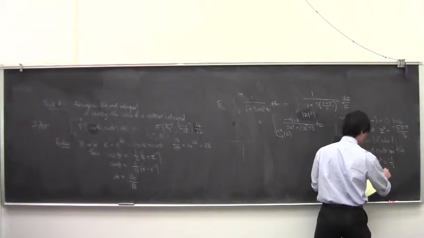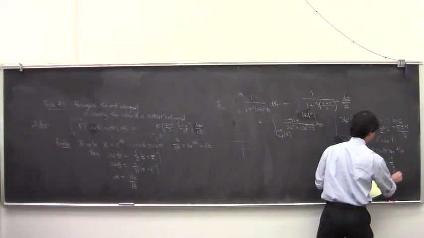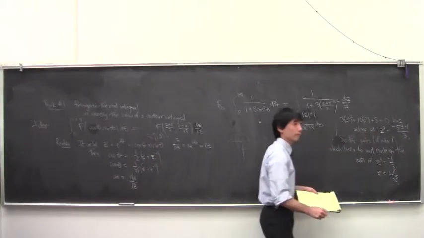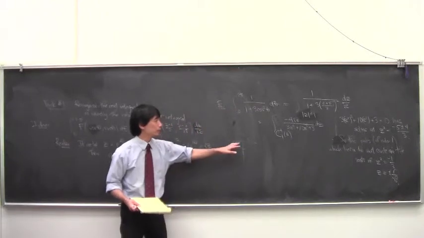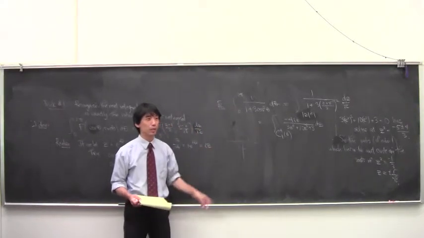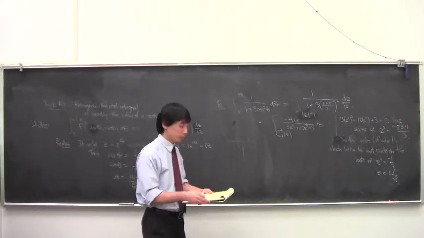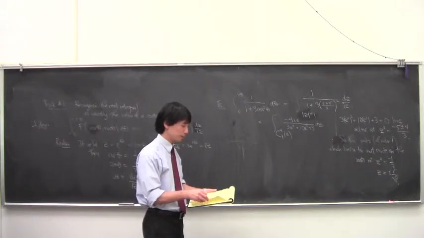That is to say, z is plus or minus i over root 3. So those turn out to be the roots, and then you just need to find the residues.